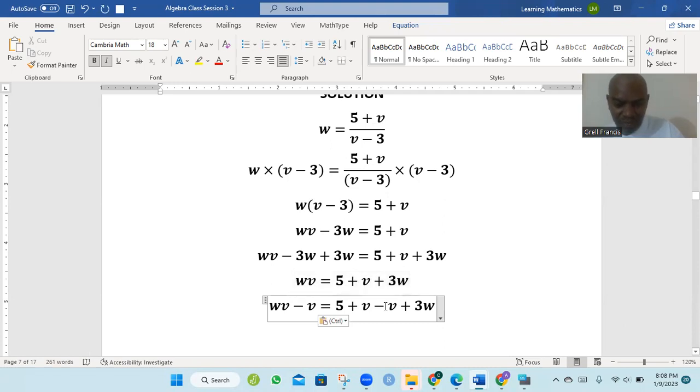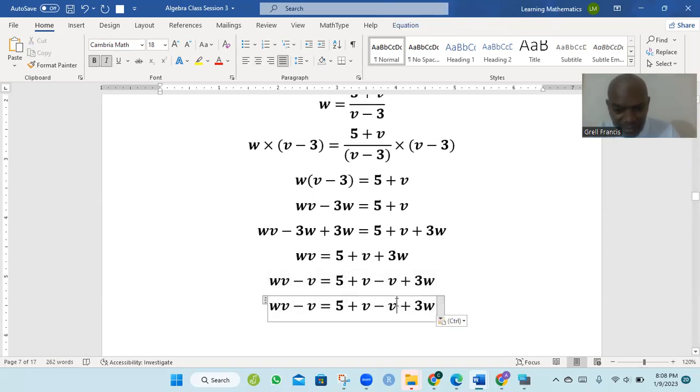If we cancel out plus V by minus V, then we're going to have a minus V on the left. So now what we're going to have is WV minus V is equal to 5 plus 3W, because the V's cancel out from the right side. And we have both V's, a WV and a negative V on the left side. So we have our V's together.